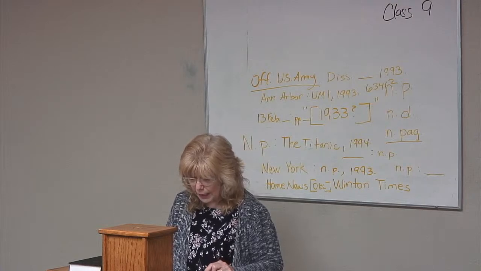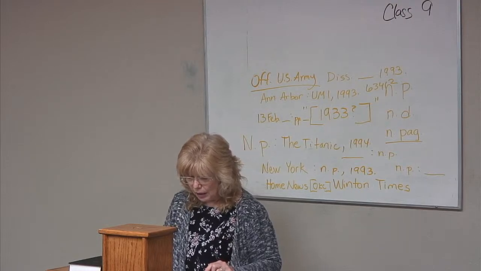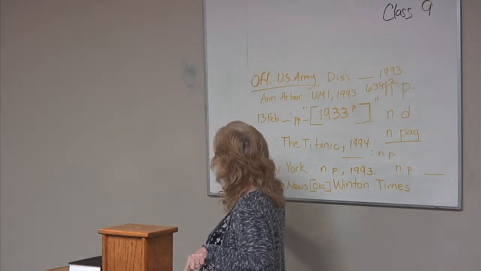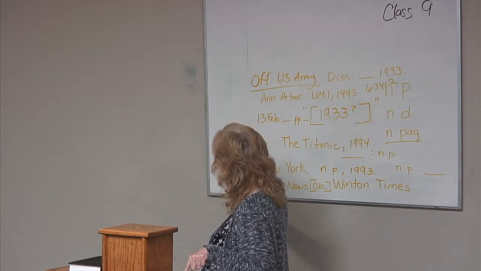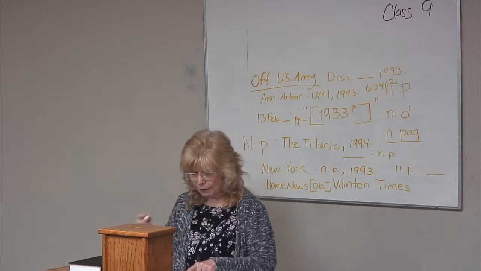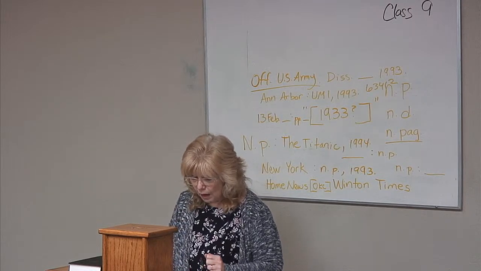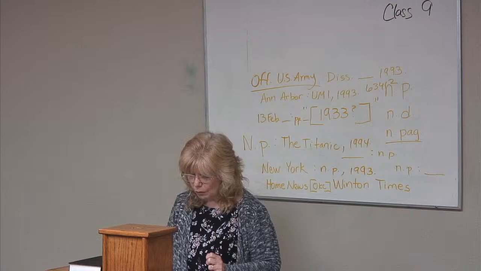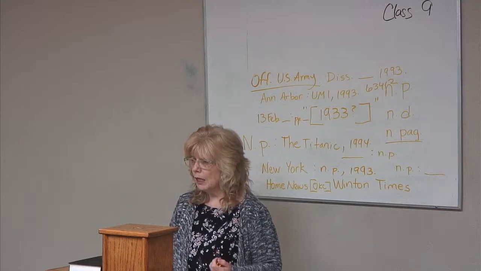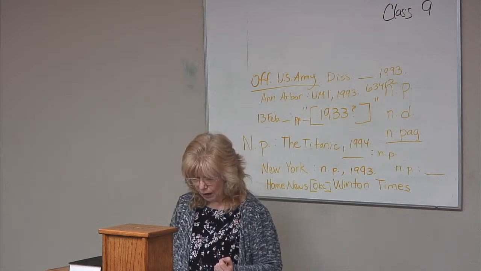And don't leave any intervening space. So between that 2 and that plus sign, just type it right next to one another. Don't leave any spaces. And don't give the volume and the issue numbers. Newspapers have volume and issue numbers, but you don't need to do that.